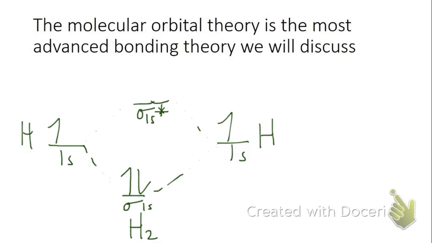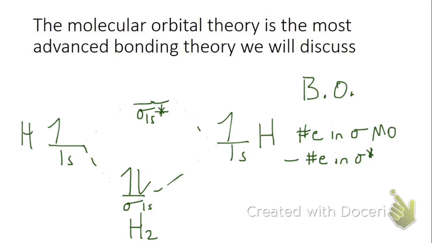So then how in the world do we know that these things are actually going to bond? Well, we can calculate what's known as the bond order, BO. The bond order is the number of electrons in a bonding molecular orbital minus the number of electrons in an anti-bonding molecular orbital, divided by 2.